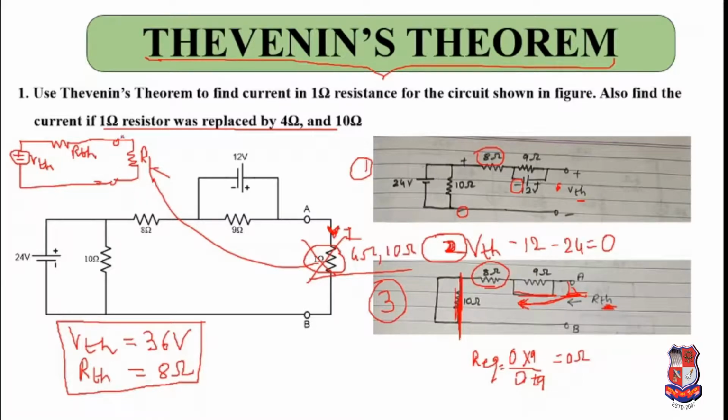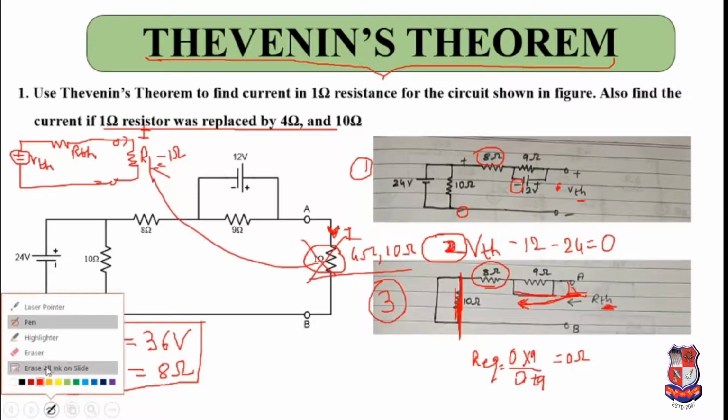You need to find the current through this load resistance, that is 1 ohm. Yes or no? This load resistance was 1 ohm. You have the value of VTH, that is 36 volts, RTH, which is 8 ohms, and RL, which is 1 ohm. So now you just have to find the answer.